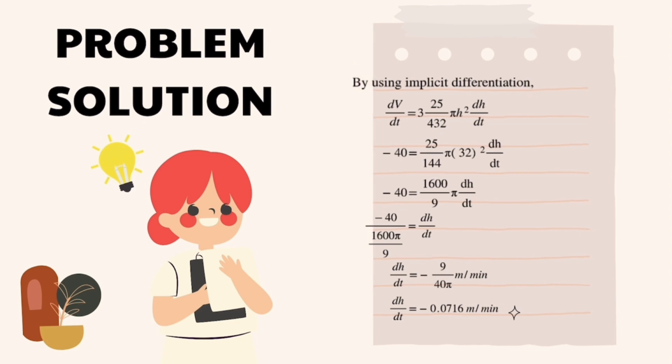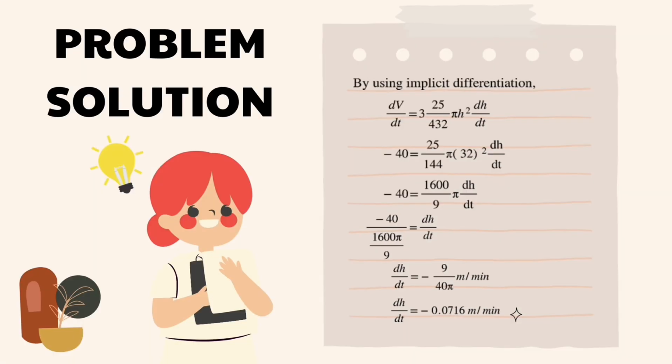Now that we have found the volume of the conical tank, there are two ways to find the change of height with respect to time. The first method is by using implicit differentiation, which means we differentiate all of the equations with respect to time. Therefore, V will be dV over dt. Differentiate h cubed to get this. Then we insert the value of the depth, which is 32 meters height.